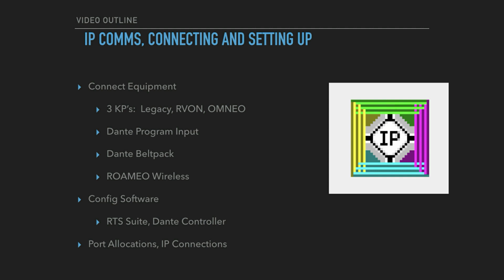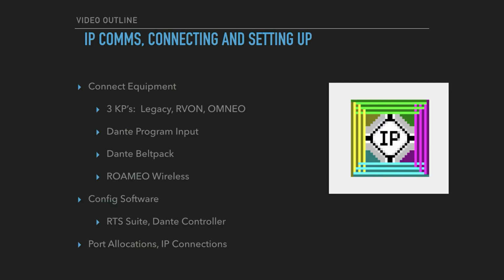Then we're going to connect a Dante Beltpack, one single Beltpack. This one's made by Studio Technologies, and it's going to use Dante in and out of the intercom for comms. And then finally, we're going to connect a ROAMEO wireless Beltpack and the associated access point.